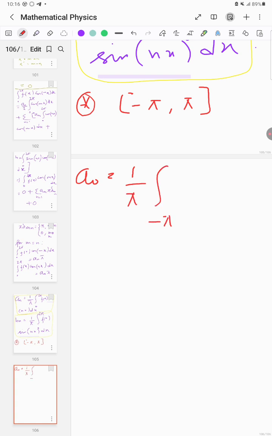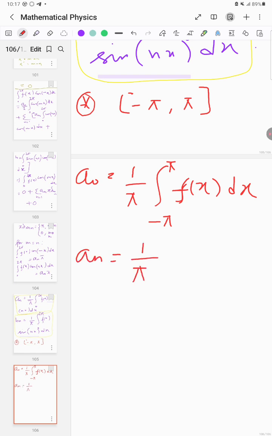The limits of integration will only change, rest all will fall into the same place, nothing will change as such. So a naught turns out to be 1 by pi integration minus pi to plus pi f of x dx. All right, now how will the expression for an change? Nothing, just change the limits.